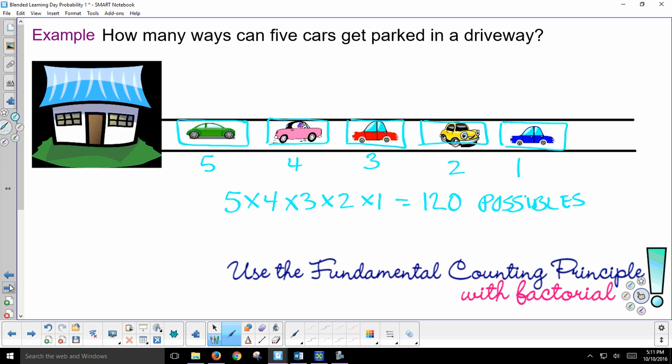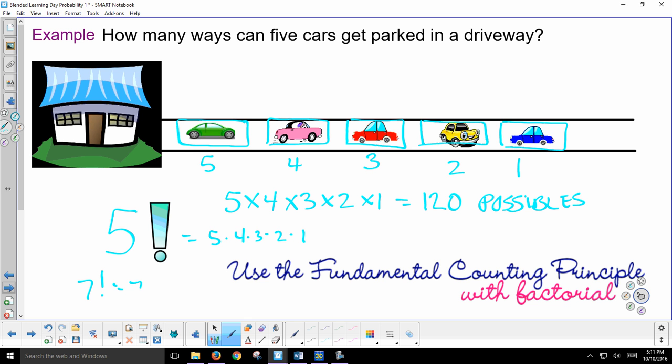Well, just so that we know this, you need to see this somewhere. We call this factorial. There are 5 factorial. The exclamation point is the mathematical notation for factorial. And what this means is 5 times 4 times 3 times 2 times 1. What if we had 7 factorial?